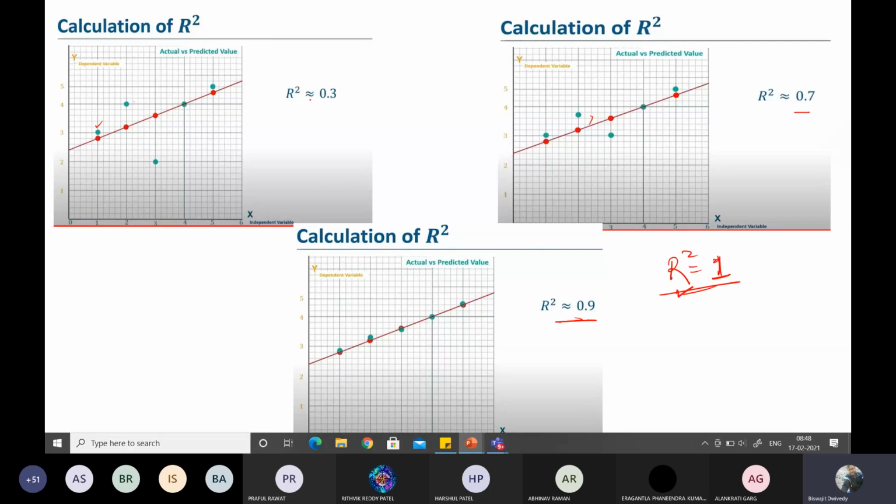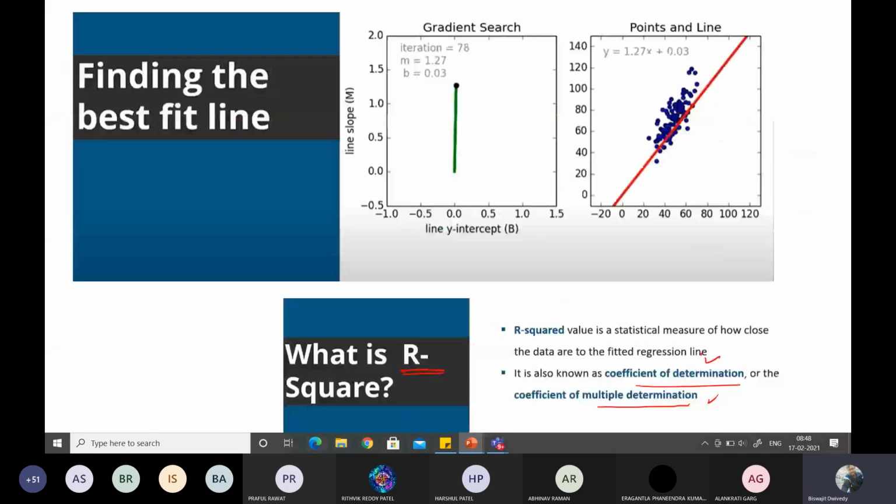So here what happened, we have obtained your R square value as 0.3. To increase this value, there are some other techniques. What are those techniques? There are techniques like the gradient search technique or points and line techniques, by which we can optimize to find a good line of regression. We have already evaluated our mean value, this is one technique we can say.